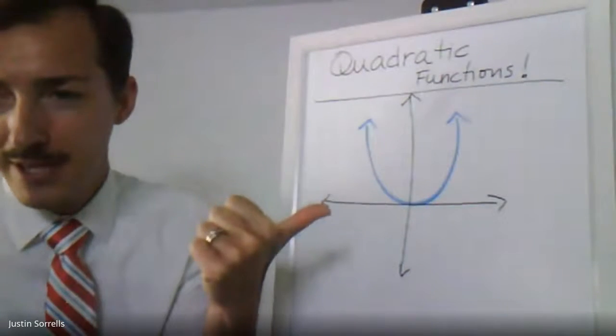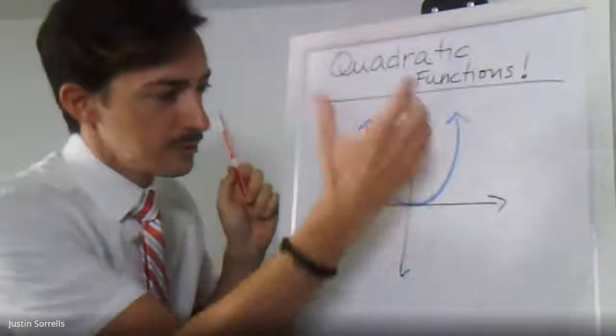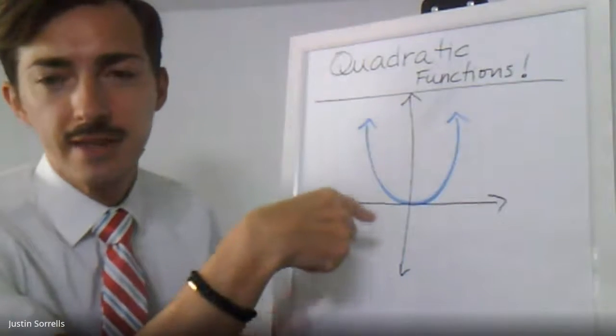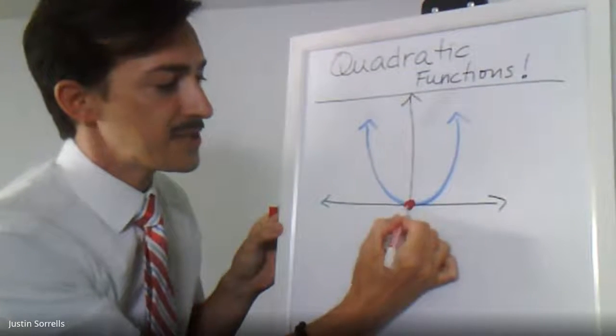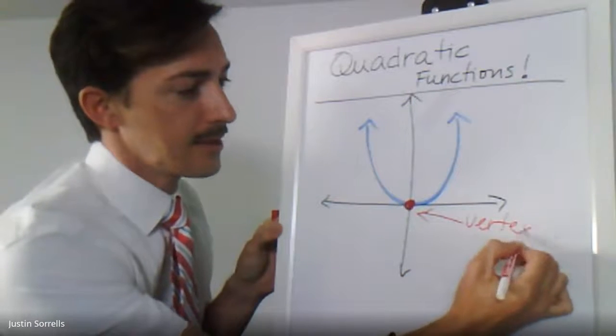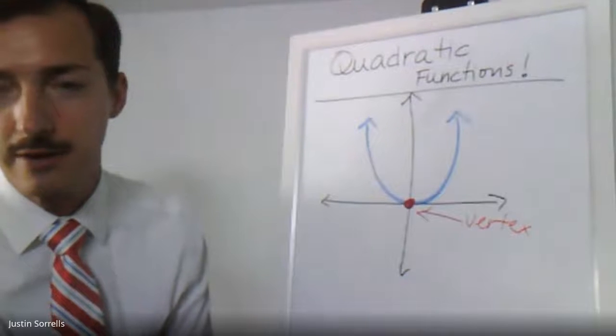So this parabola here, it opens up because the U opens up, right? It's like we draw a U. So that means that this parabola has a vertex that is a minimum because it's the lowest point here, okay?